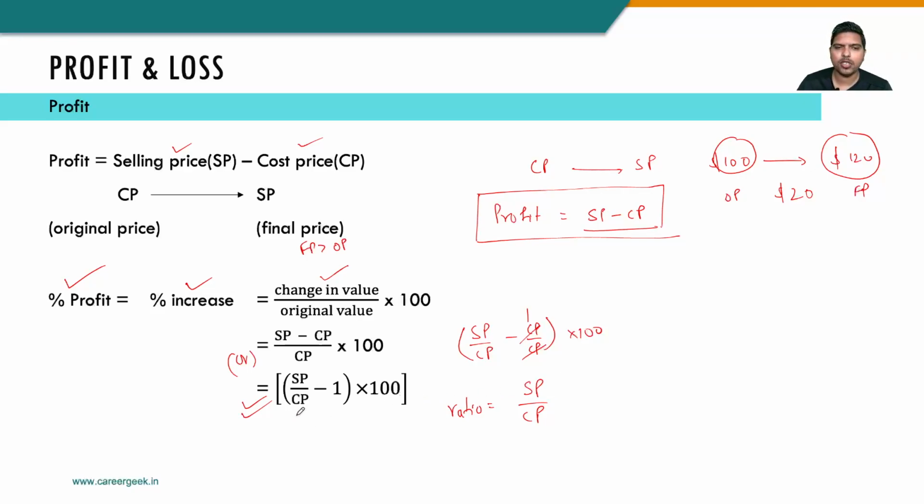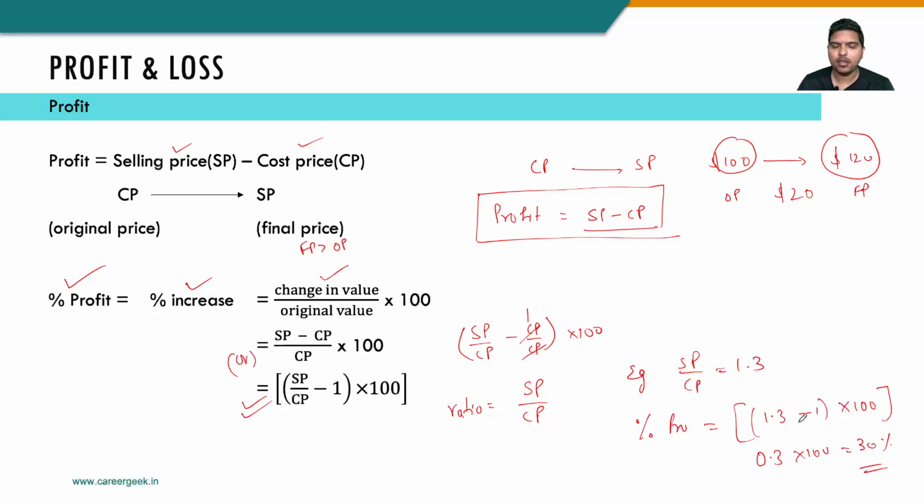Let's say, for example, SP upon CP is 1.3. So what is the percentage profit? We know that SP upon CP is 1.3, subtract 1, multiplied by 100. So which is 0.3 multiplied by 100, or 30% will be the profit.